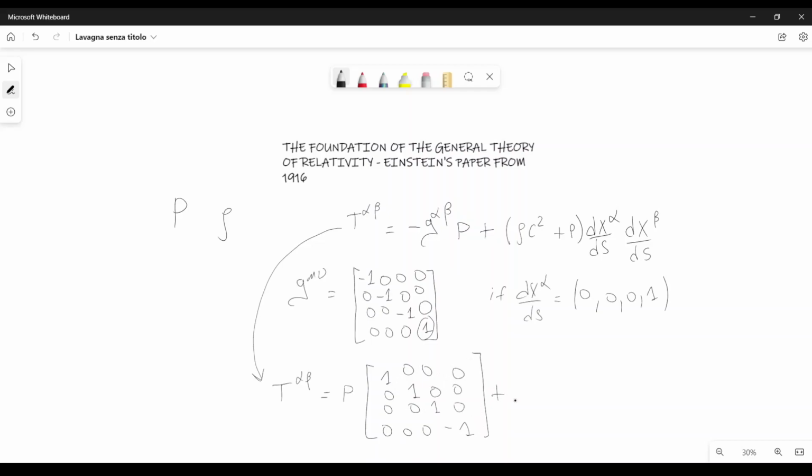Then we have plus rho c squared plus P times a very simple matrix with all zeros, and the only non-zero entry is the 4, 4 entry. So here we have all zeros except for this 4, 4 entry, which is equal to 1.